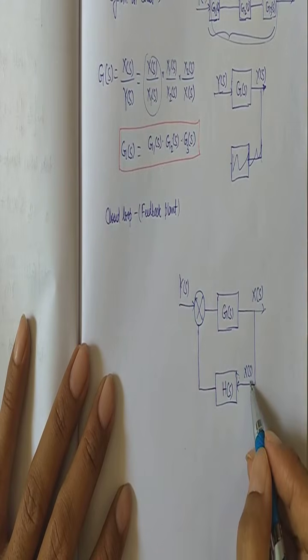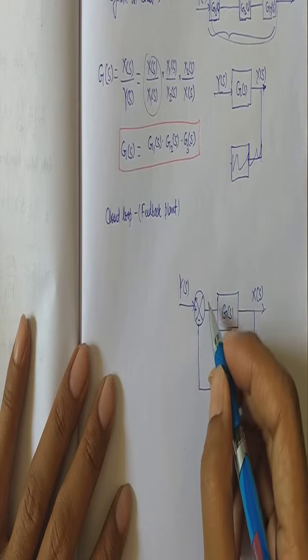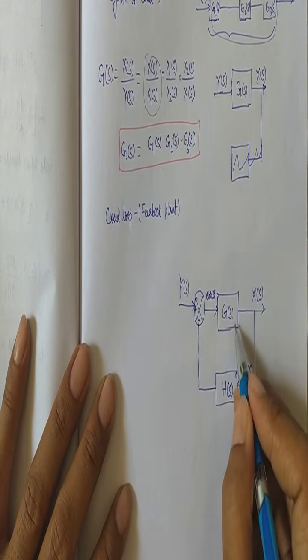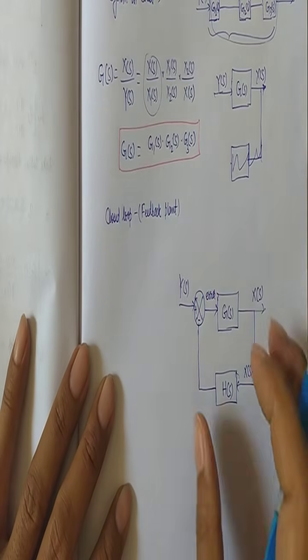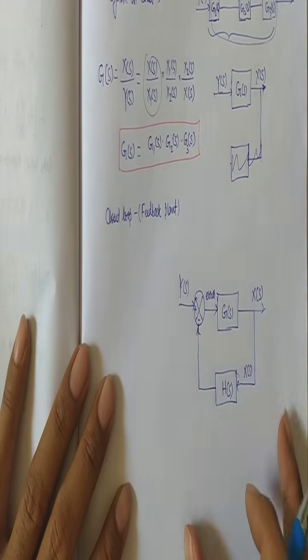So basically this is being compared, or errored, and this error is being fed back to this system. So this is your closed loop plant.